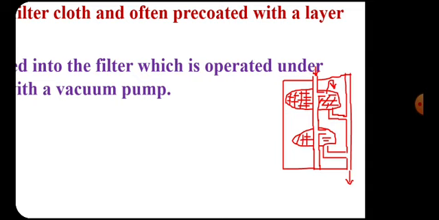This first arrow downwards shows the flow of feed-in of slurry, and then it is allowed to pass through a pipe into this leaf, and at the side there is an outlet. Likewise, all these outlets of all these leaves are combined together to get a filtrate at the bottom.